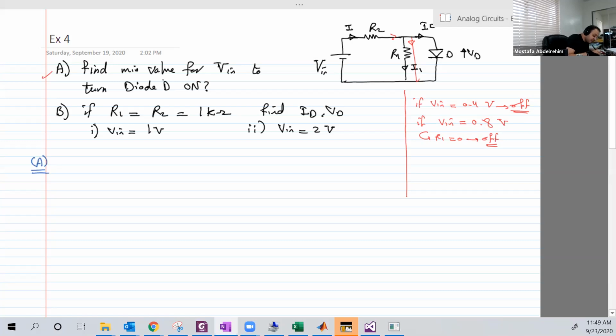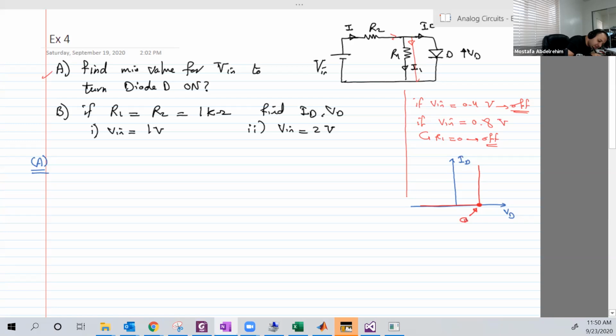When it says to find the minimum input that will turn the diode on, that means if we draw the characteristics like this, since it is the minimum input, then the diode will be working at that point.